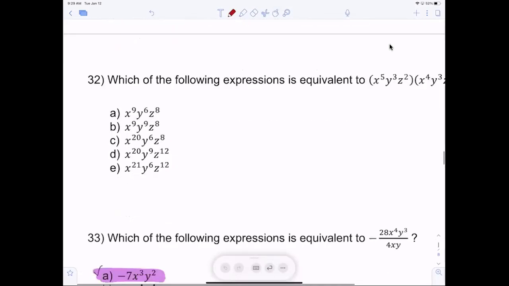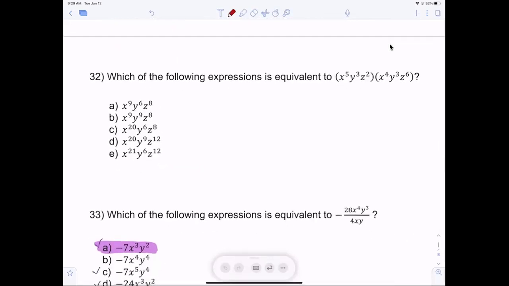All right, 32. Connor. So I want you to tell me right off the bat, what is x to the 5th times x to the 4th? Why is that? Because multiply by exponents. So then you add. Well, test is tomorrow.